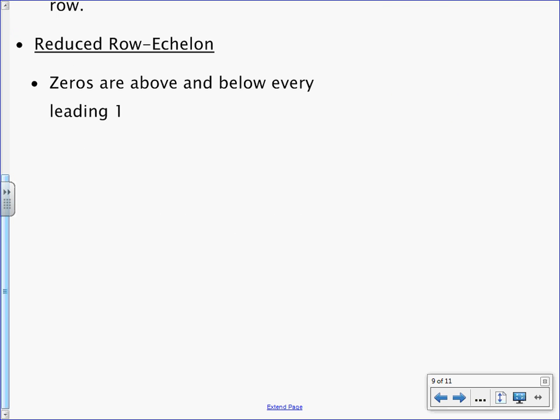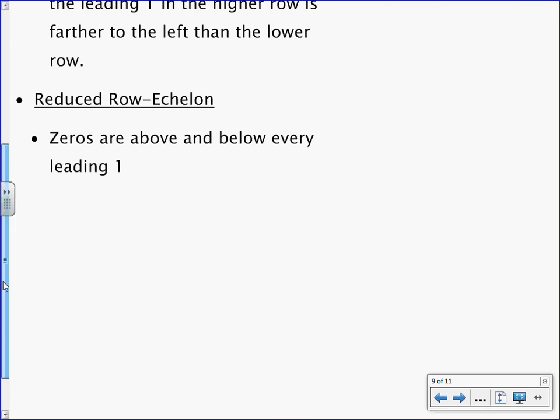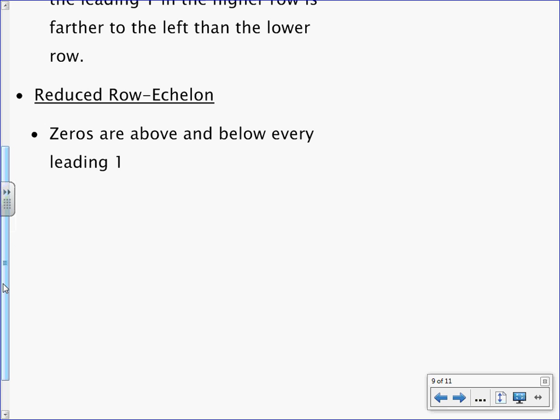Reduced row echelon form just means that now there are zeros above and below every leading one.